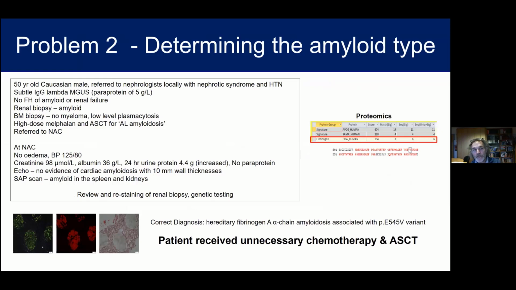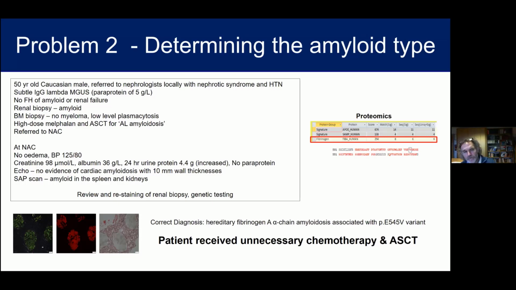He had no family history of amyloid or kidney failure, had a kidney biopsy which confirmed amyloid, had a bone marrow biopsy which showed a low-level plasmacytosis, and received high-dose melphalan and an autologous stem cell transplant for AL amyloidosis, and was subsequently referred to us at the Amyloidosis Center.